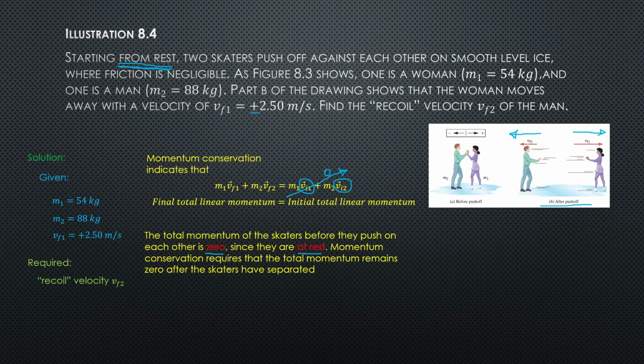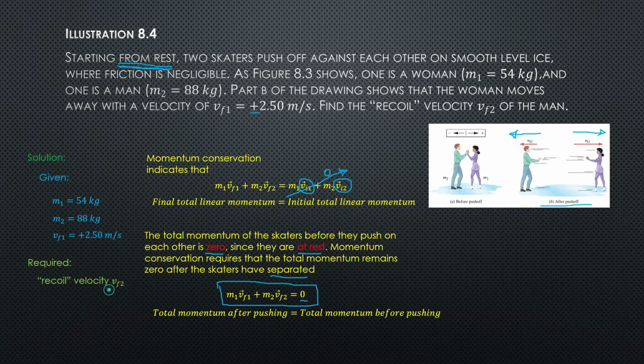Momentum conservation requires that the total momentum remains 0 after the skaters have separated, giving you this equation. So the total momentum after pushing will be equal to the total linear momentum before pushing, which is 0 because they are at rest. Substituting from this equation, we can now determine the value of the recoil velocity of the man, vf2.